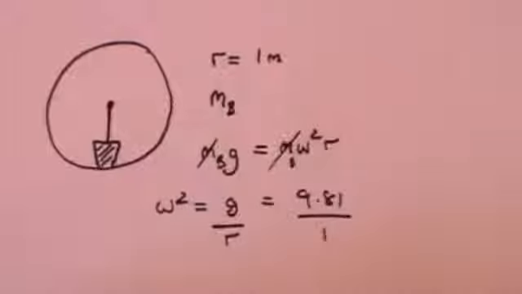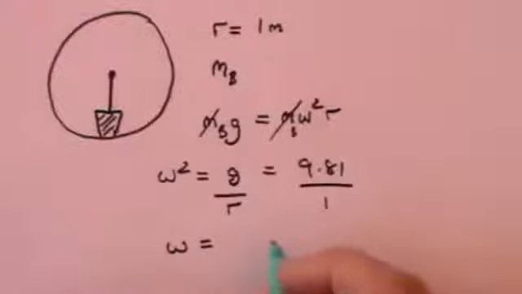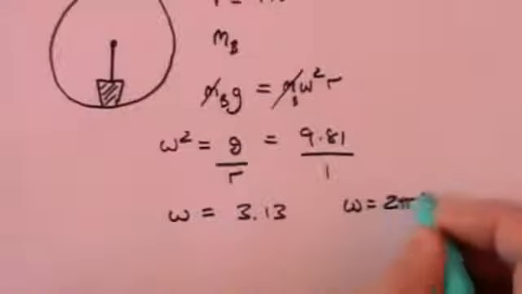That gives you that omega squared is 9.81, which means that omega, the angular velocity, is the square root of 9.81, which is 3.13. But we actually want the frequency, and omega, of course, is 2 pi f.